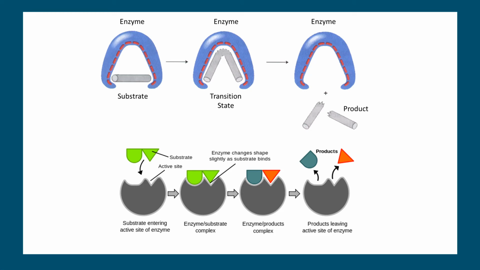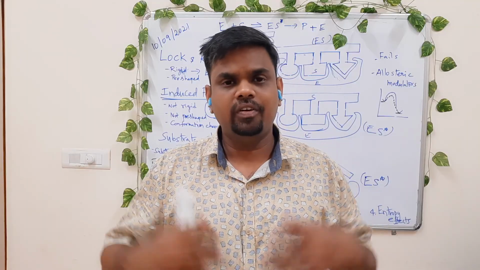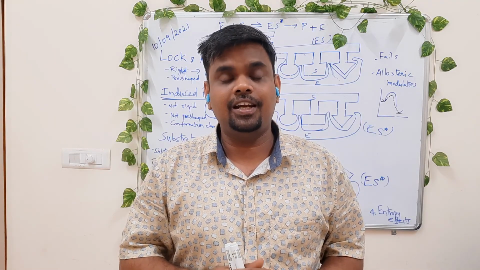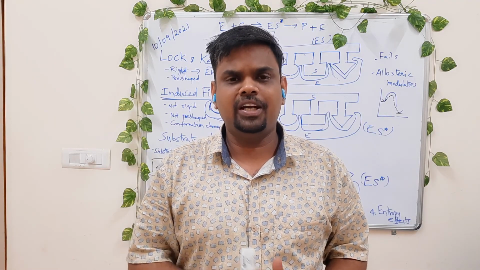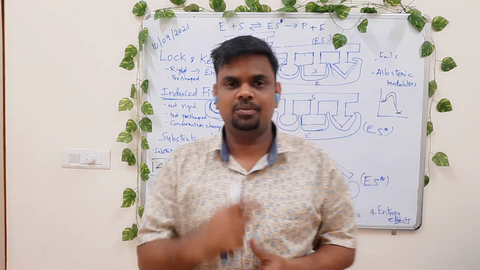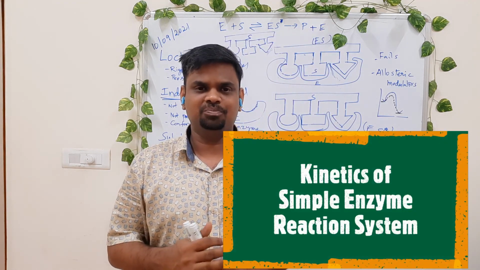The rate of the catalytic reaction is enhanced at least 10 power 6 to 10 power 12 times compared to non-catalytic reactions. We will derive the rate equation expressions for these enzymatic reactions with a single substrate in the next lecture.